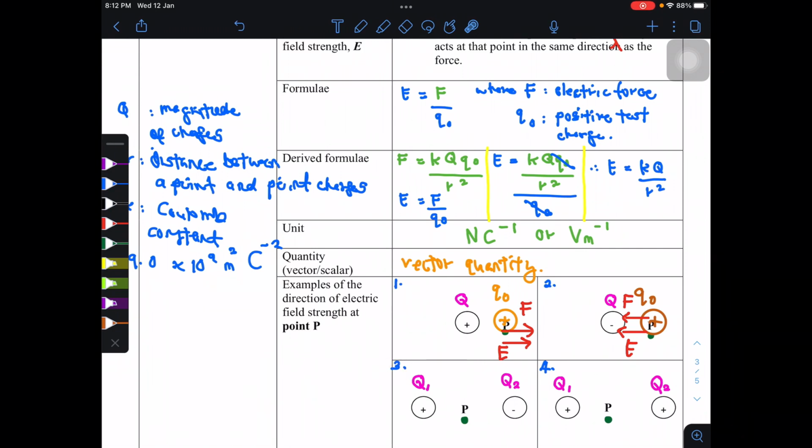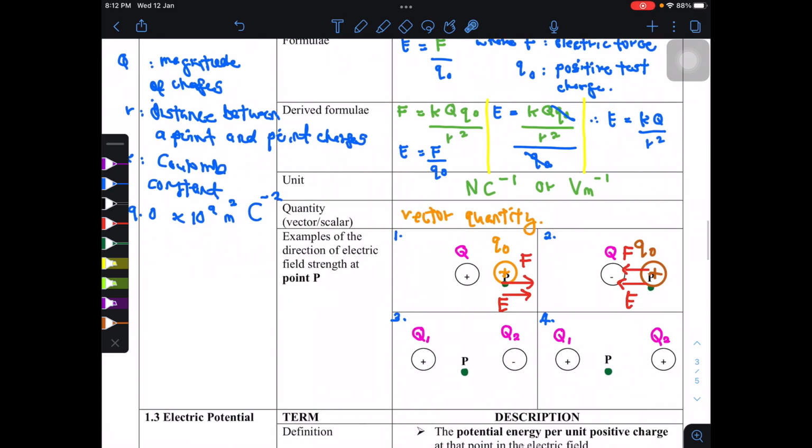For example number 3, I have two point charges. Q1 is a positive point charge, and Q2 is a negative point charge. My point P, I locate in between point charge Q1 and point charge Q2.